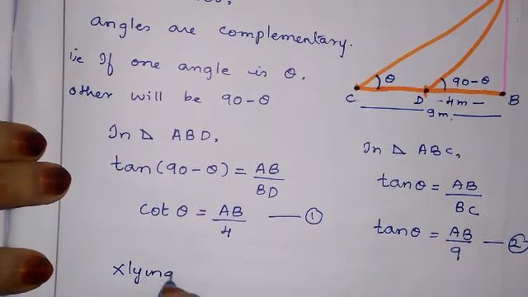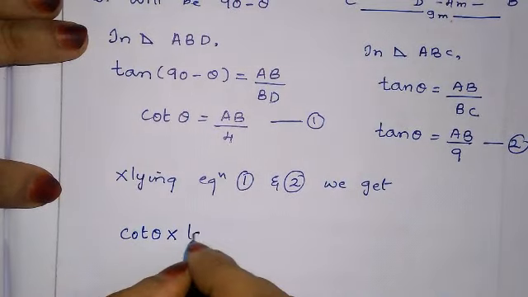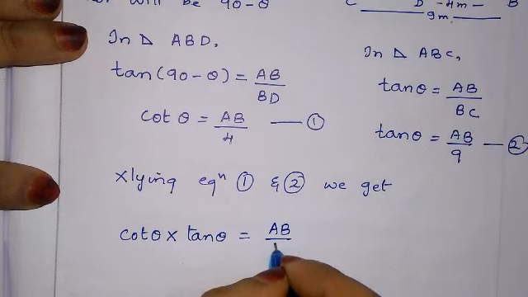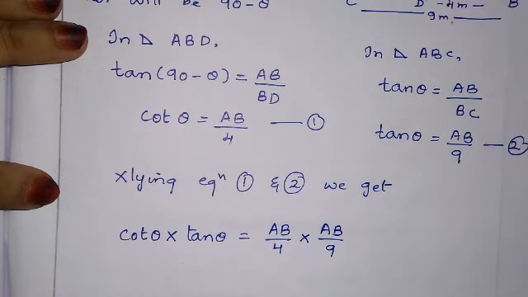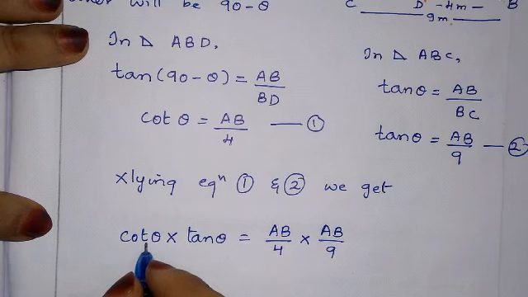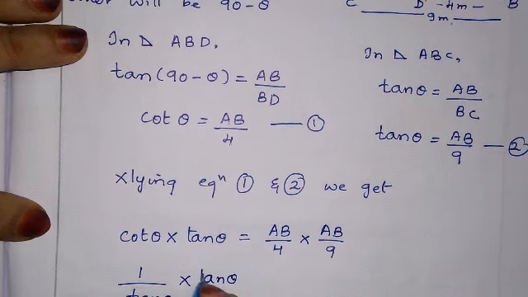Multiplying equation 1 and 2, we will multiply this. That is cot theta into tan theta is equal to AB by 4 into AB by 9. What we did? Multiply equation 1 and 2. Cot theta, we know that it is 1 upon tan theta. So, I will write cot theta as 1 upon tan theta into tan theta as it is.